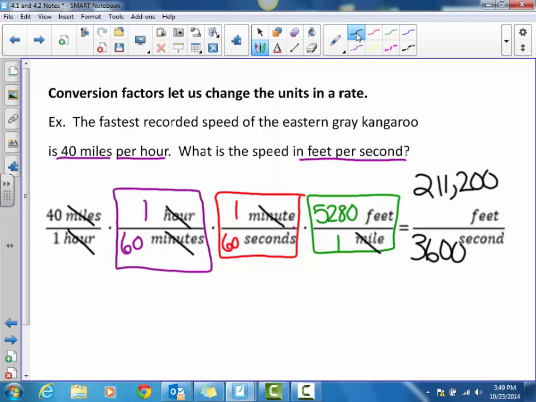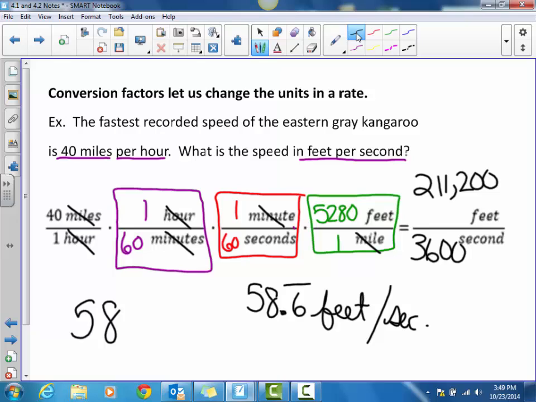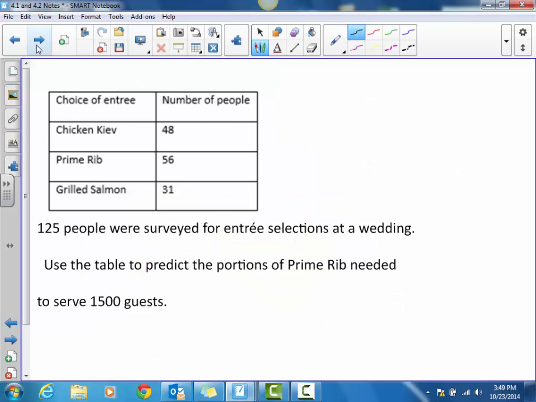So 211,200 divided by 3,600 equals 58.6 feet per second. The 6 is repeating. If I wanted to remember that 0.6 repeating is the same thing as 2/3, I could write it like that: 58 2/3 feet per second.